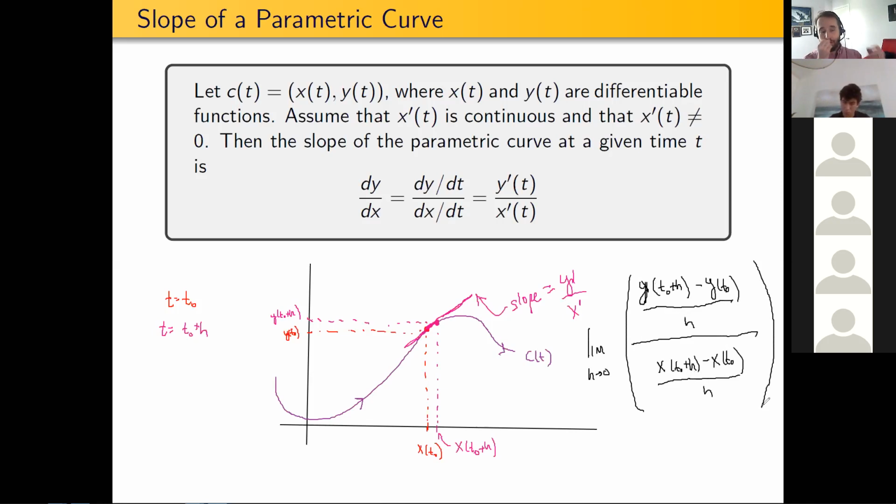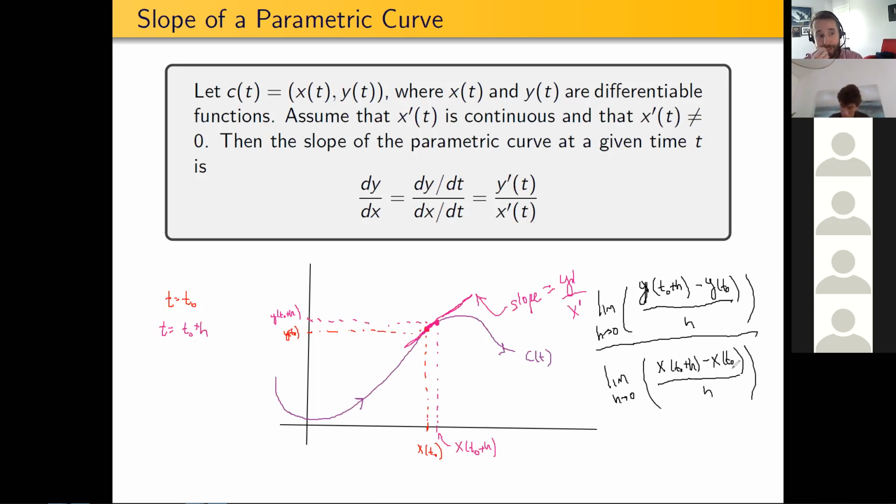So this is really our original definition of the derivative, the limit definition of the derivative. And according to our limit laws, if that denominator does not equal 0, so if x prime does not equal 0, I can turn this into the limit as h goes to 0 of the numerator divided by the limit as h goes to 0 of the denominator.